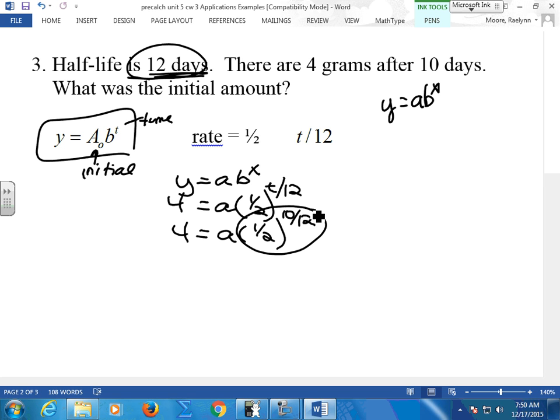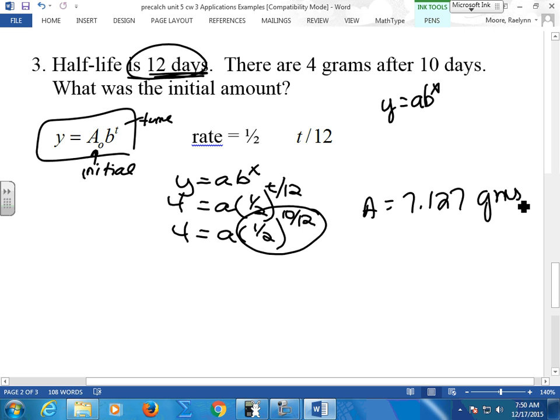If it's easier, solve it without using your y1, y2. So what would we come up with for A? Right. Good. And that makes sense, doesn't it? And we're going to label this grams because we started with this amount, and every 12 days we're decreasing. Okay, we're half-lifing.